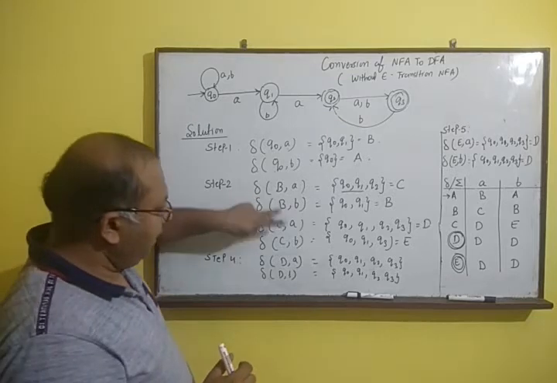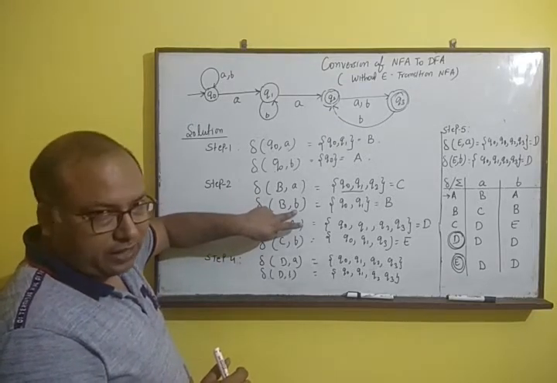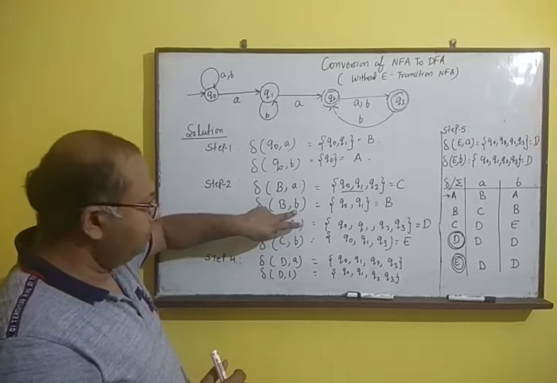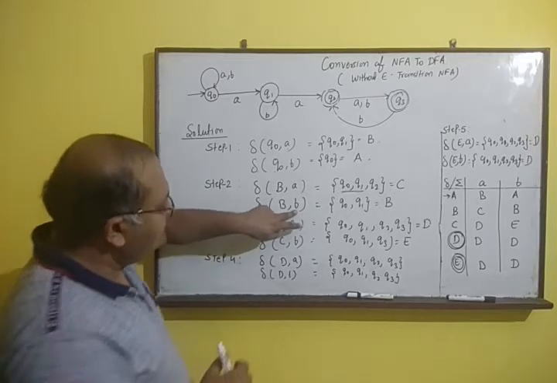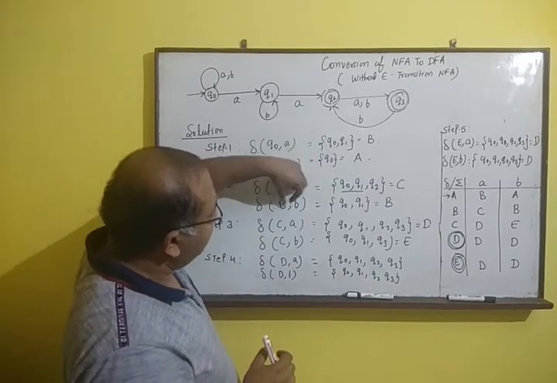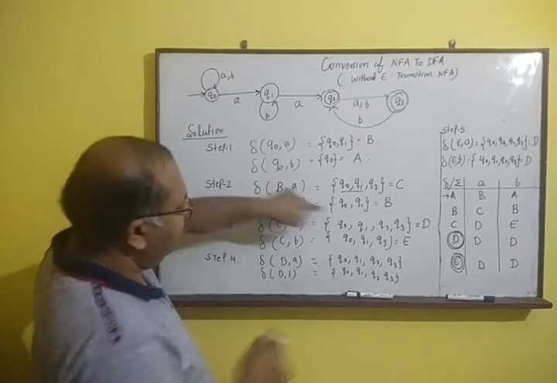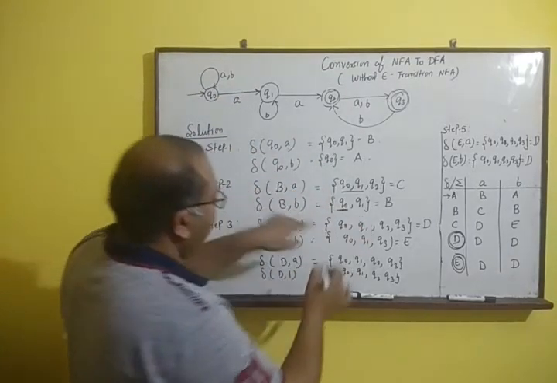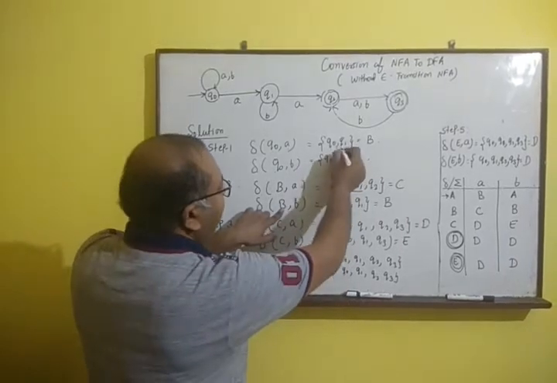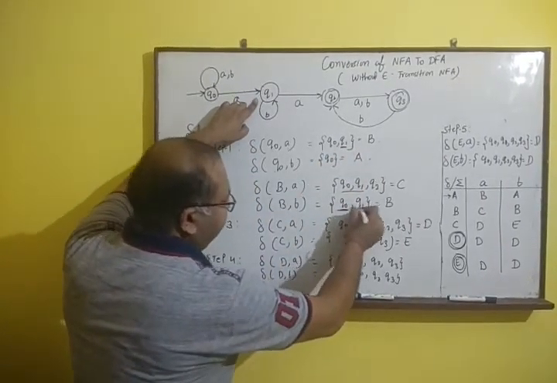Now on this B, we find the transition on the input symbol B. The set B is Q0 and Q1. On Q0, if we apply B, we again reach Q0, and on Q1, if we apply the B transition, it remains on Q1.